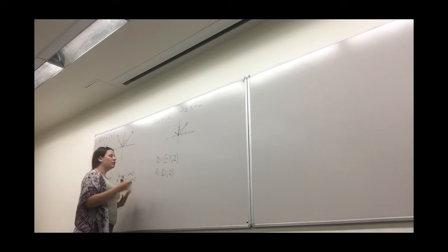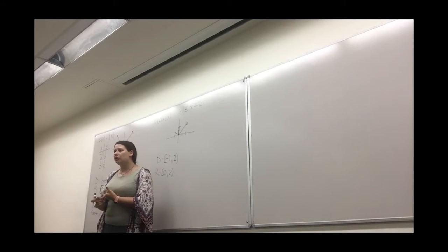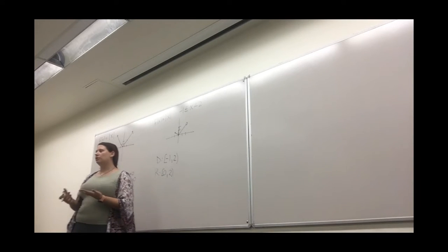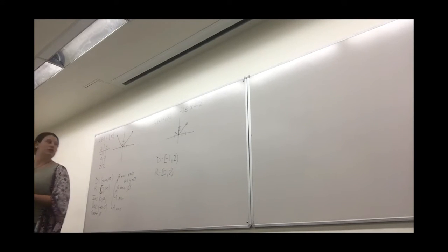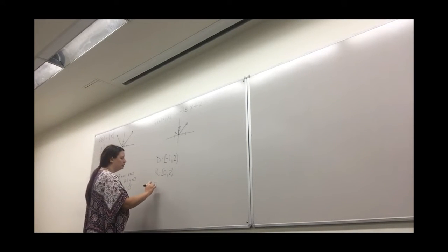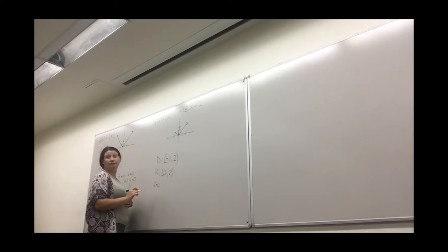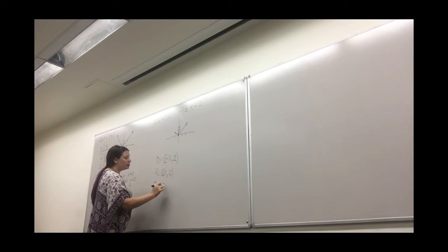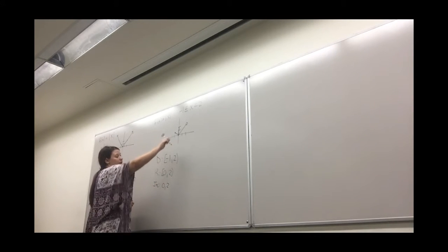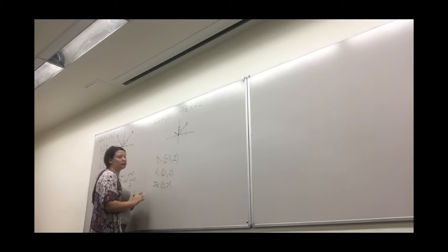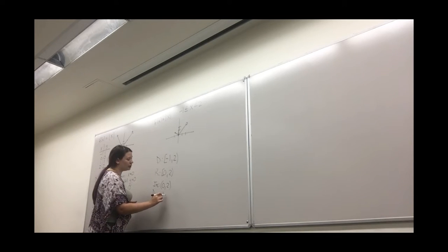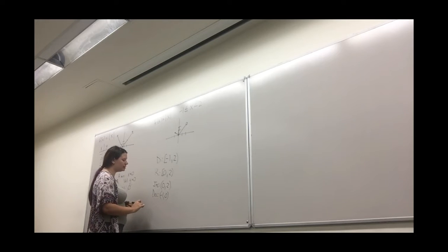So then also, obviously, increasing, decreasing, all those things change. So increasing is where? 0 to 2, because we stopped, right? With parentheses. What about decreasing? -1 to 0 with parentheses.